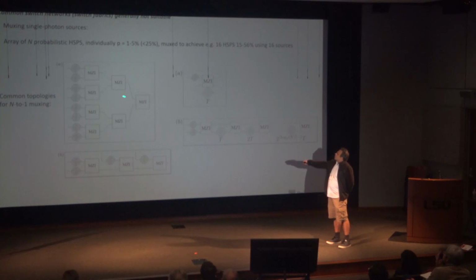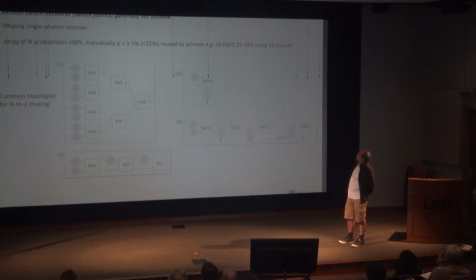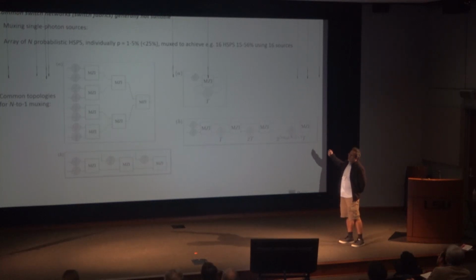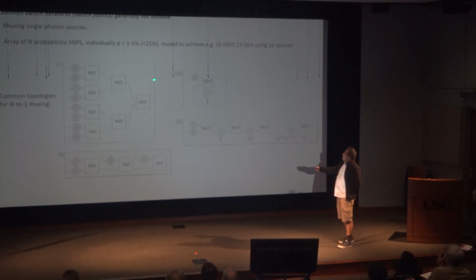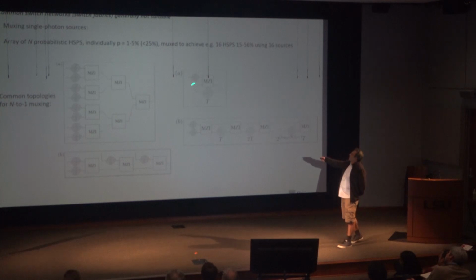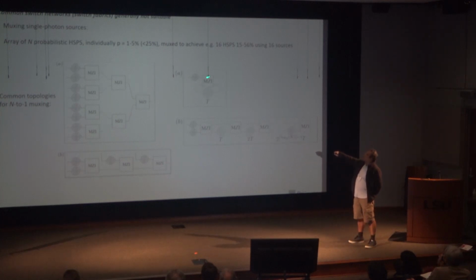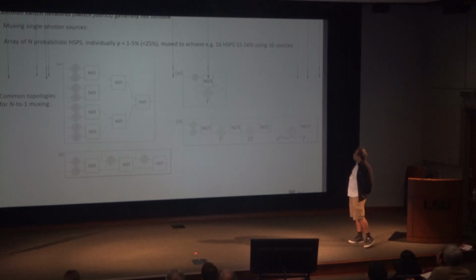In this example, I'm multiplexing 16 sources. Let's say we want to multiplex 16 sources so we can boost an initial success rate of 1 to 5% to 15 to 50%. Then we could use a log tree, or a chain, or a cavity where we can switch out from our storage after a fixed number of steps.